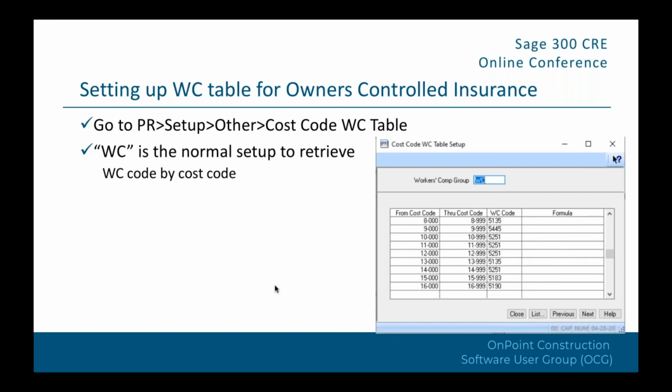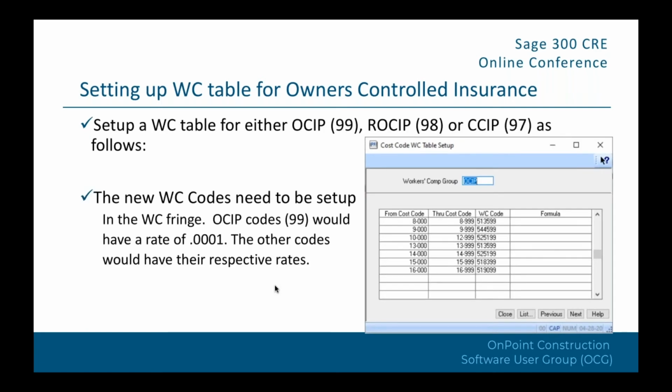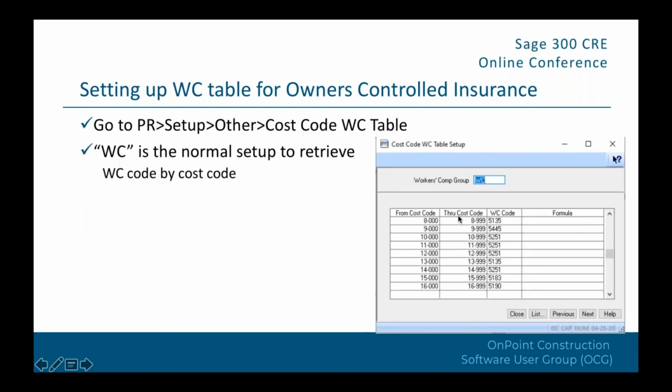But if you have owner controlled on here, look at the first line, it's 8 to 8999 and it's 5135. So 5135 is the normal work comp code.